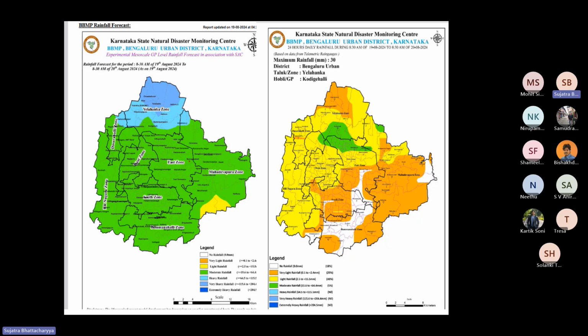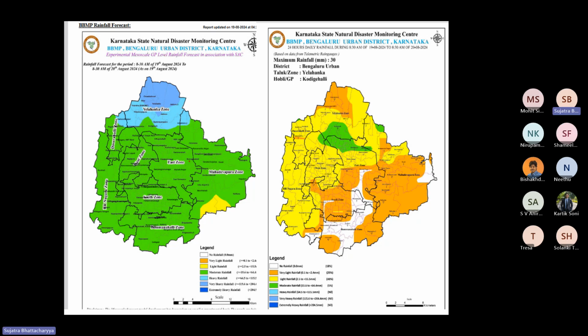Now, what's interesting is that the Karnataka State National Disaster Command Center forecasts next day's rainfall based on the mesoscale forecast provided by the Space Applications Center, Ahmedabad. Okay, interesting exercise. I wish more people would do it. They predicted by 8:30 a.m. that the Yelahanka region will get 100 millimeters of rain.